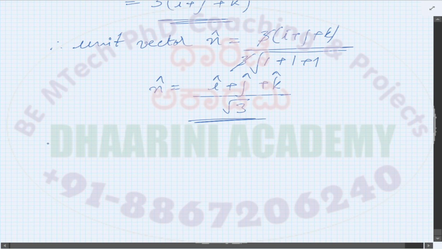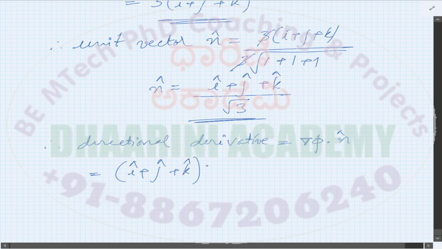Alright, so therefore the final answer is the required directional derivative is the del phi dot n cap. So del phi is i plus j plus k into 1 by root 3 times i plus j plus k.